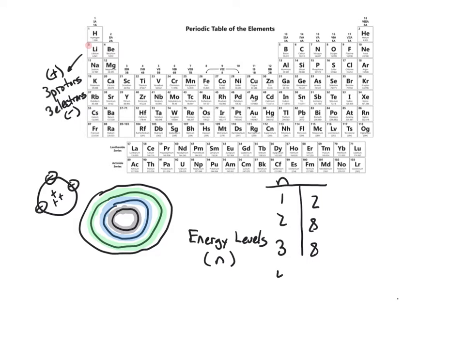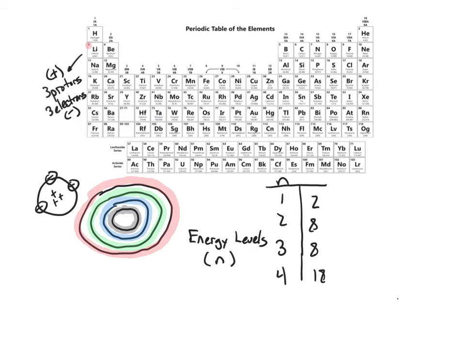And once you get to the 4th energy level, it's really, really big. I'll highlight it in red here, and you can fit up to 18 electrons around that ring. Not every element is going to have enough electrons to fit into the 4th ring.